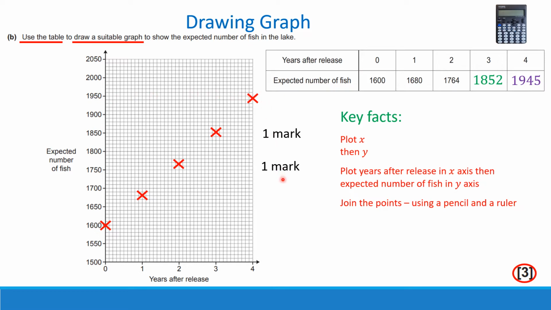For your 2nd mark, and for your 3rd mark comes from joining all these points together using your pencil and ruler to join them up with a straight line. Give yourself a tick for where the marks are awarded in the question, so you can show clearly where the marks are awarded, so you know how to get the maximum marks in the exam.